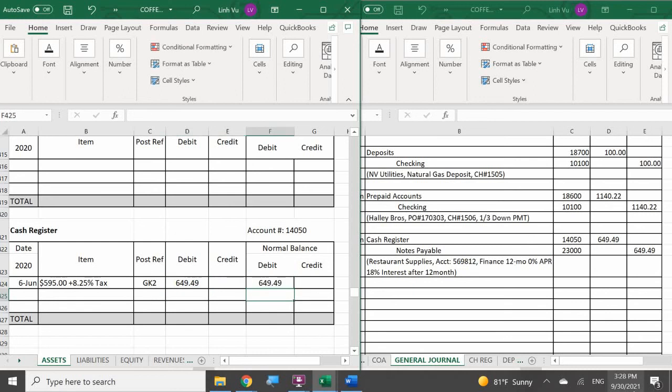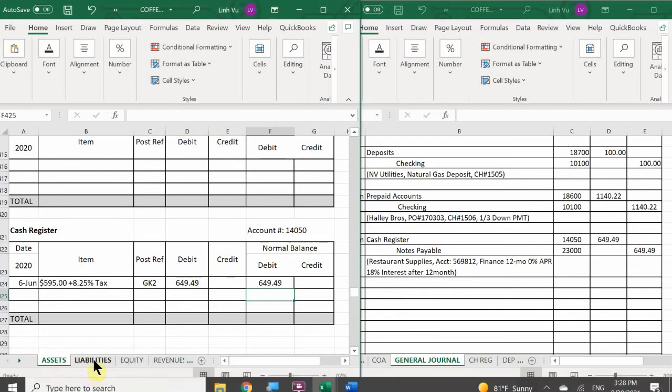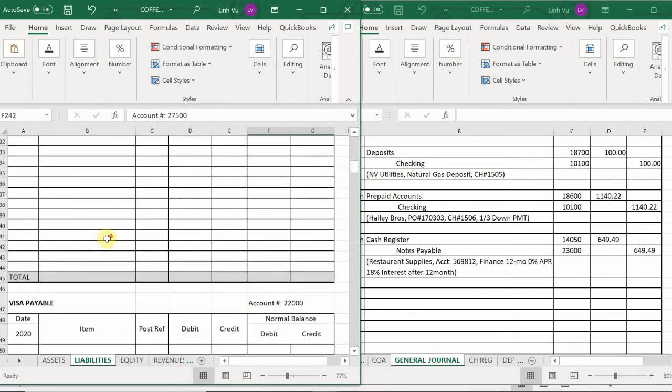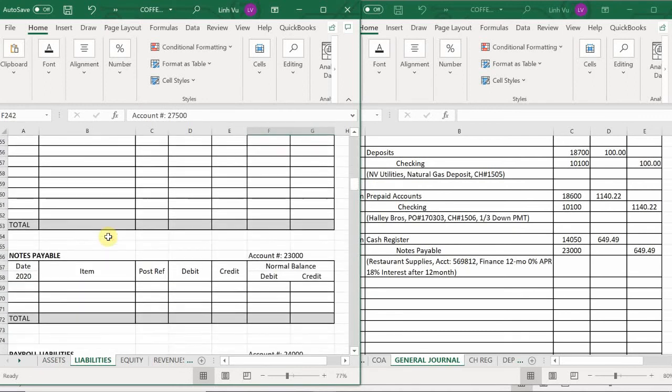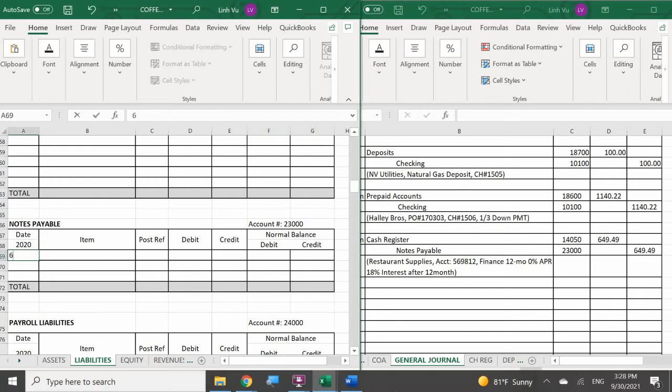Now, this is the first thing that we created a liability for, because we owe Restaurant Supplies money. So in this case, I'm going to go to my liabilities because this is the first time I'm creating a liability. I have my notes payable right underneath. It is June 6th.